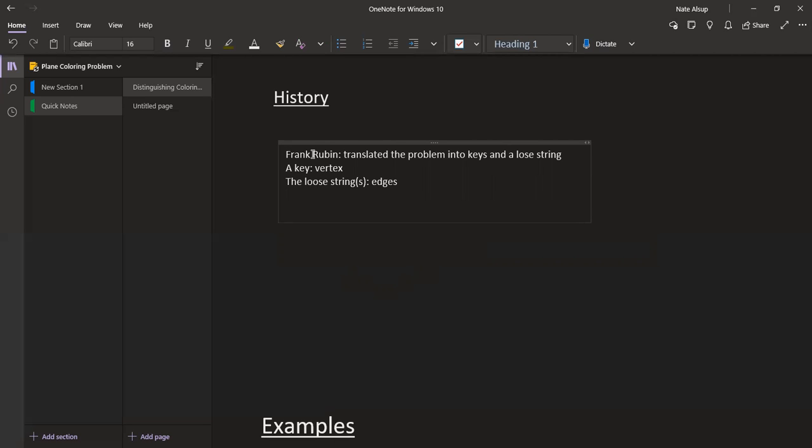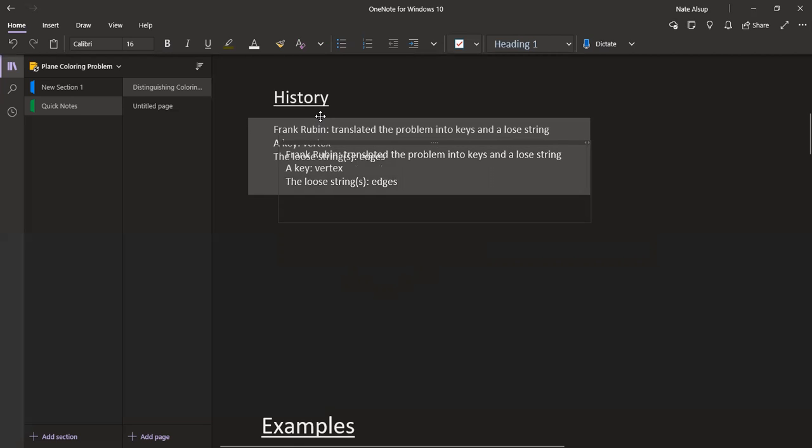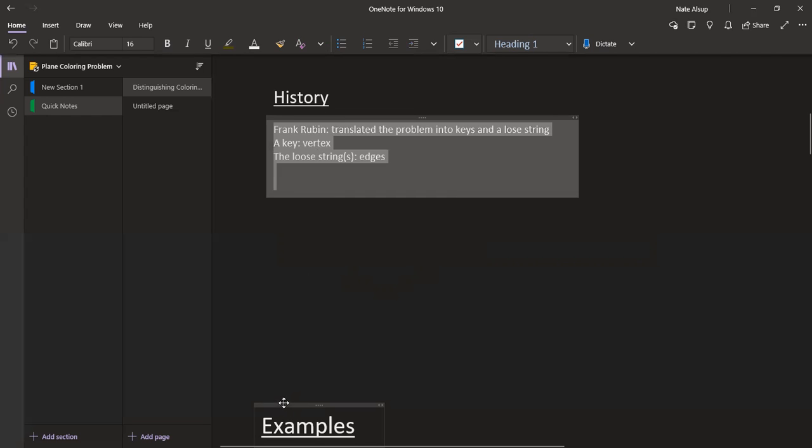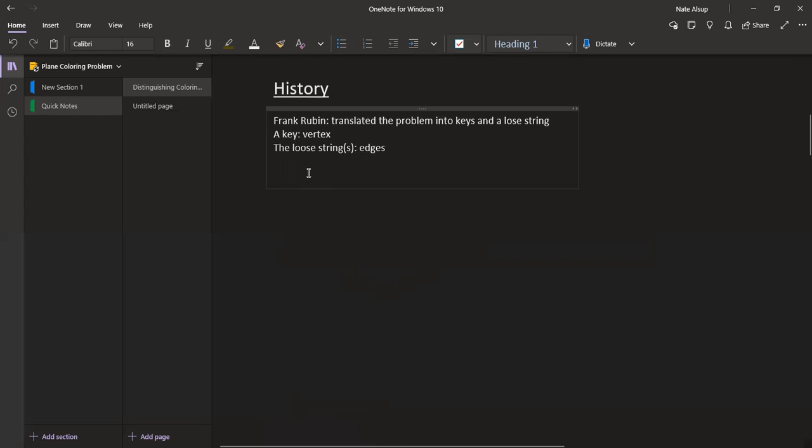The basis of the problem is that you have a ring, I guess more like a key ring, of n keys for different doors.